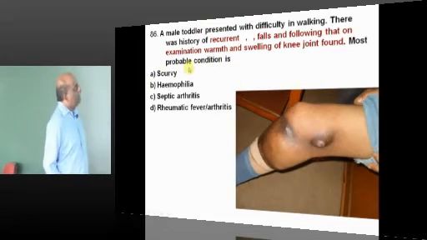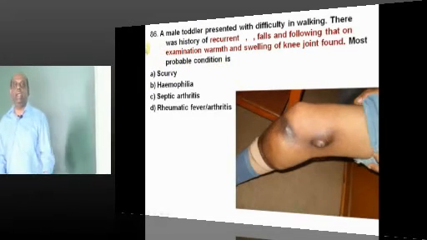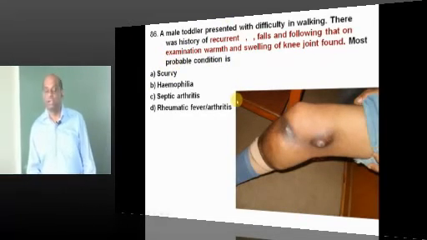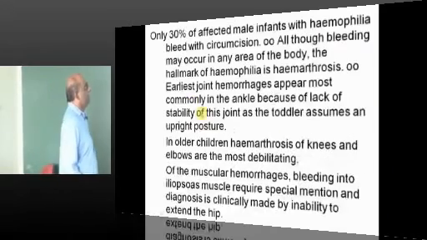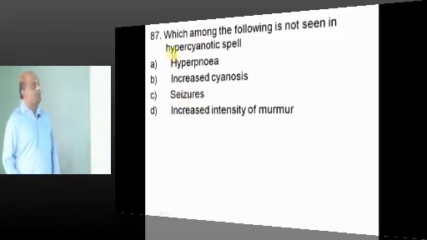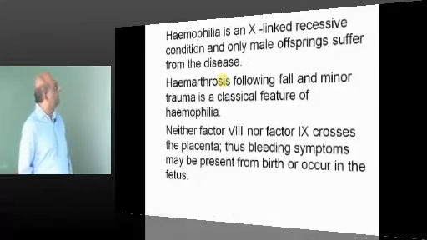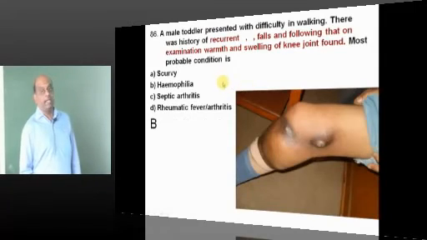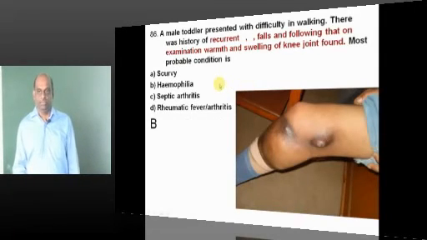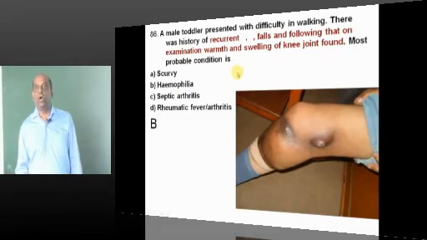A male toddler falls and develops a hematoma. What is that? Septic arthritis? Hemophilia. Sir, warmth. Basically there is some amount of synovitis because of the hemorrhagic effusion into the joint, which makes the joint warm.